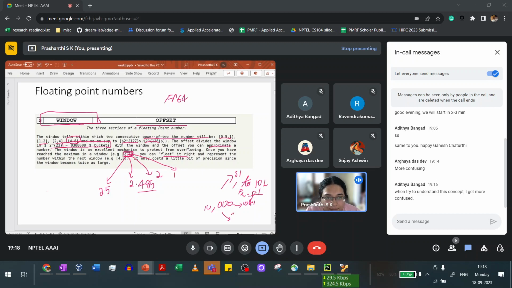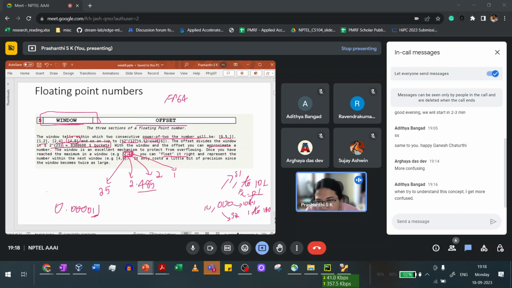Now I'll give you another system where you can represent 1 to 100 but with a precision of some very, very small number. For instance, this one, let's say 0.00001, right? So this means that any number I try to represent in this system will have a very high precision.